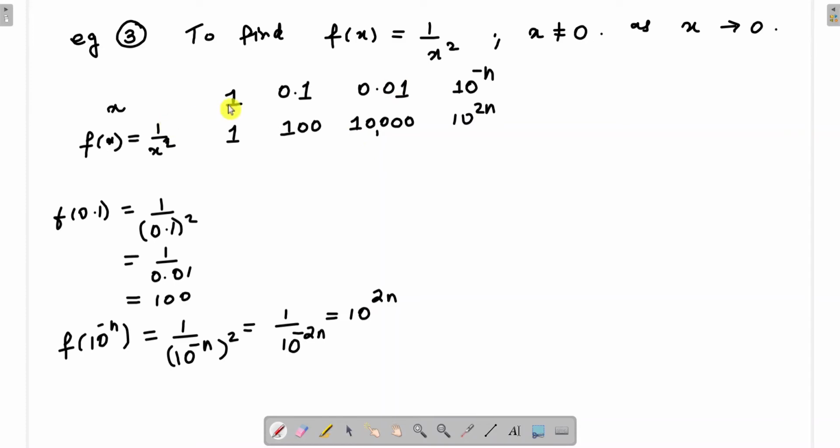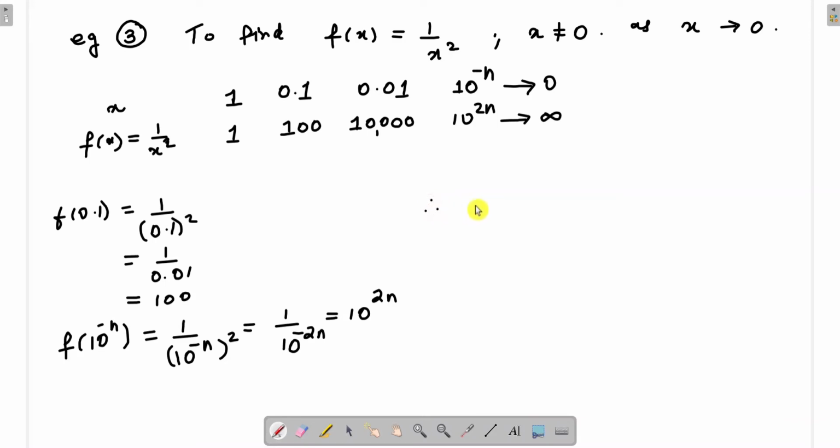So you can see that as x approaches 0 here, the values of f(x) keep on increasing. That means as x approaches 0, the function will go towards infinity.